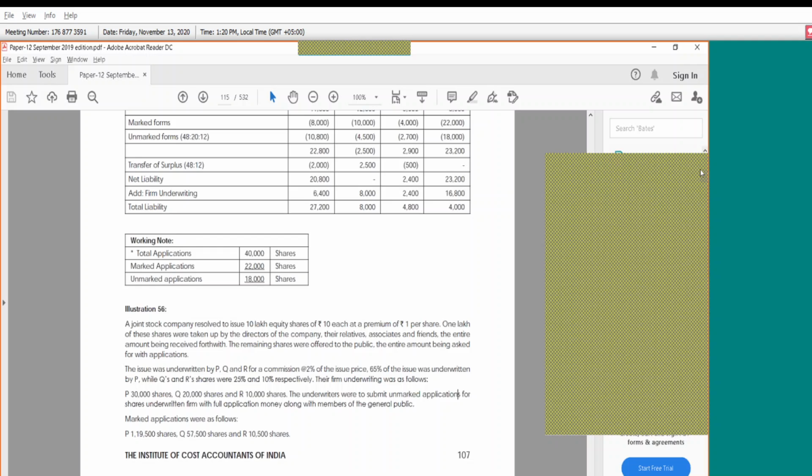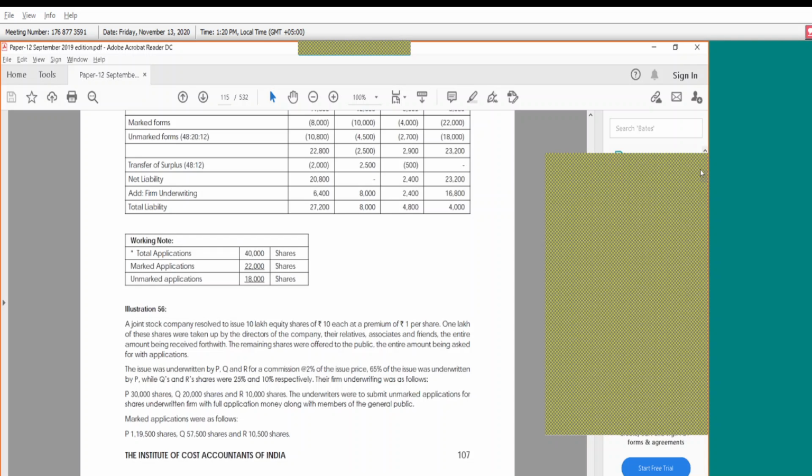General public will purchase the unmarked application, not the marked application. Unmarked application is purchased by the general public in an open manner. Along with that, the firm underwriting shares were also submitted by the general public itself. So that is the only difference in this problem.